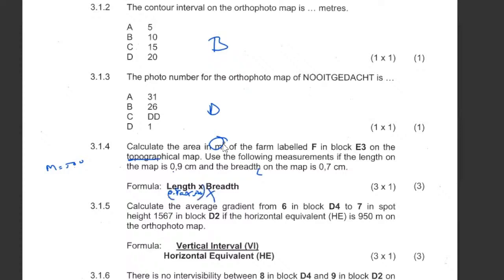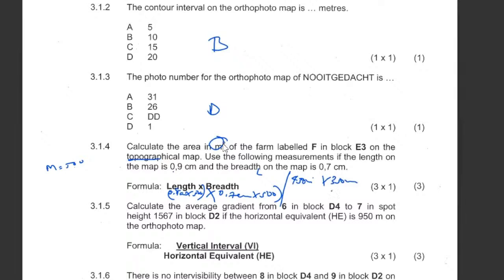You can put this in brackets. We come to this 0.7 centimeters times 500. Don't forget that each unit has to be multiplied by the scale. So when you multiply these two, they will give you 450 meters times 350 meters.